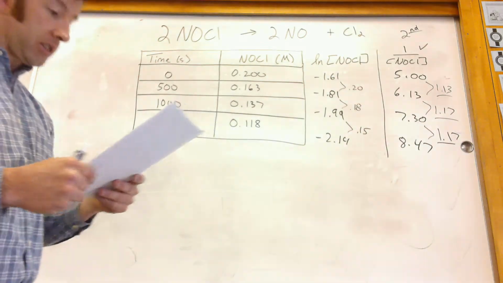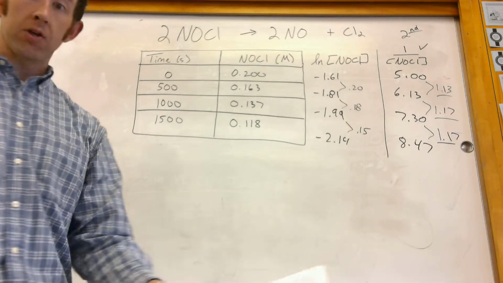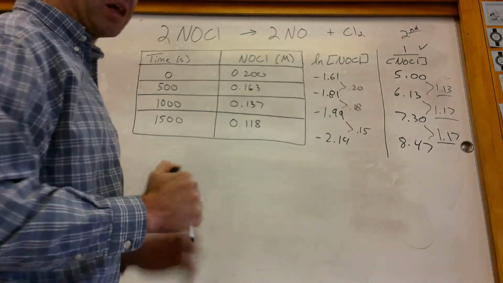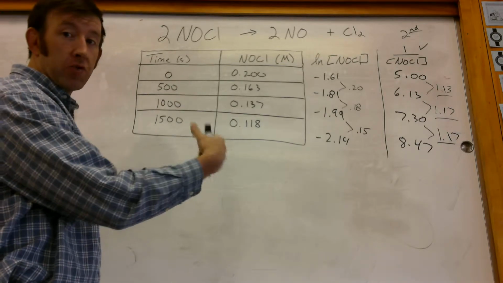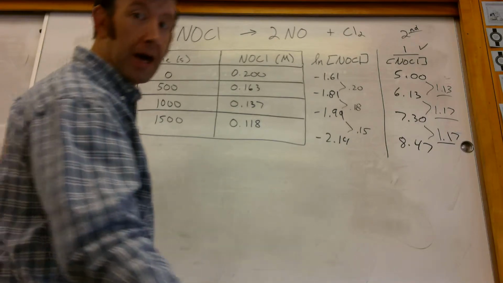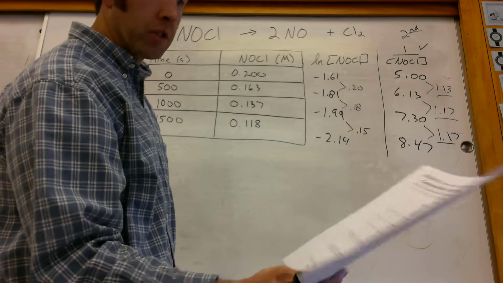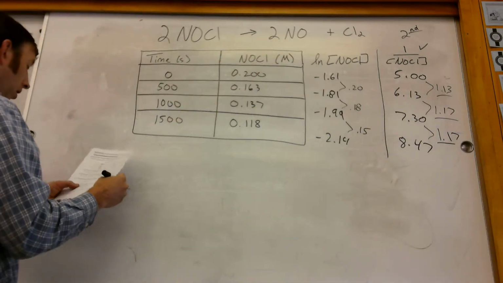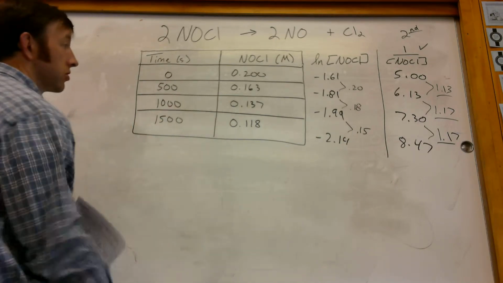All right. C, it says to calculate the rate constant, K, and include units, right? So now we're going to apply some rate law stuff, okay? But in this case, remember I don't have any rates to use to do my normal rate law, so I'm going to use that formula they gave me for second order reactants, right, which is that inverse, okay? So in this case, let's just pick this one right here at 1,000 seconds.